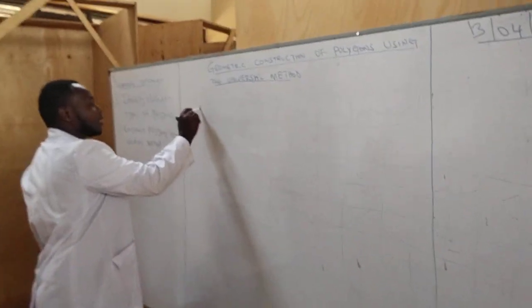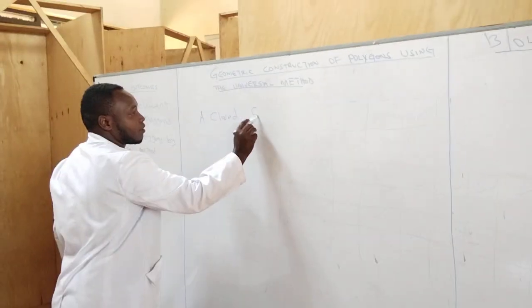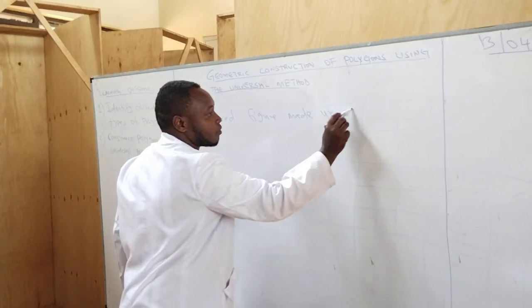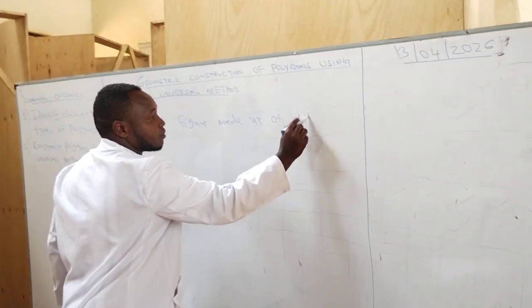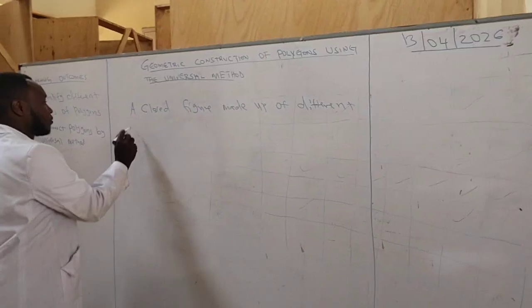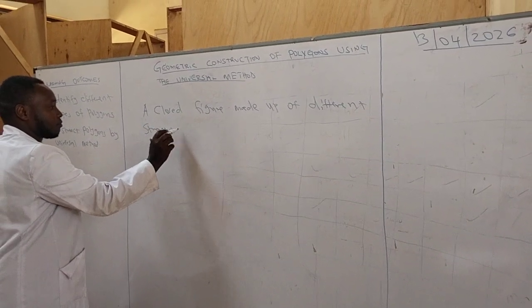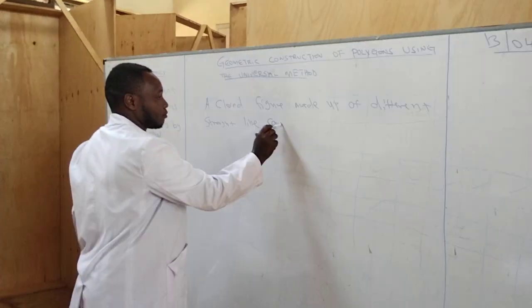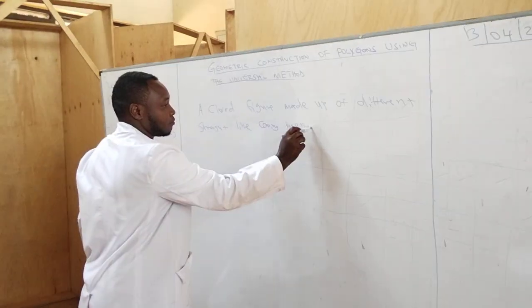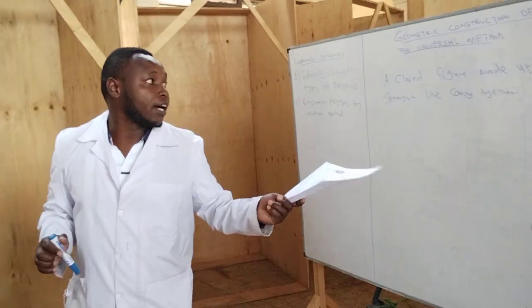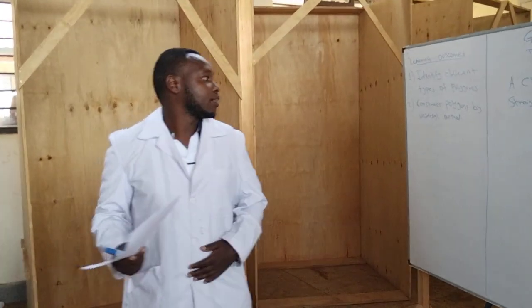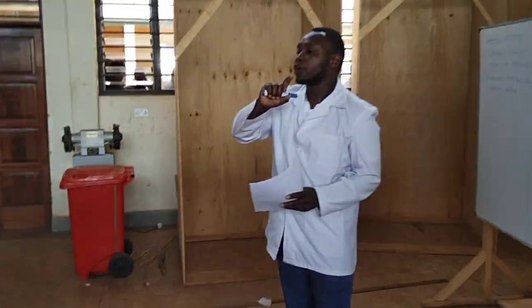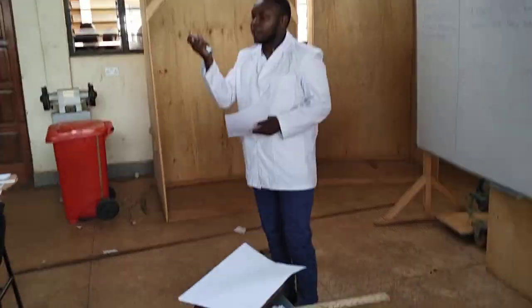A polygon is a closed figure made up of different straight lines coming together. It is enclosed. So we have vertices and we have the edges.